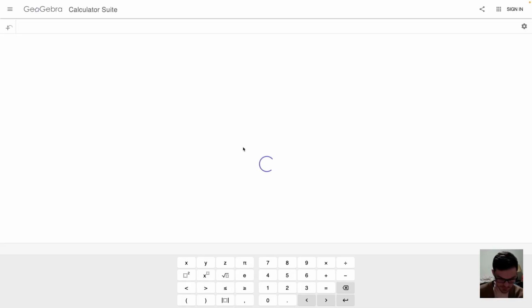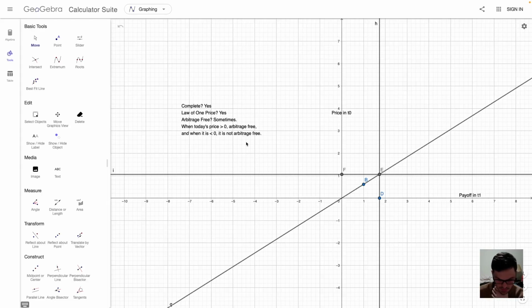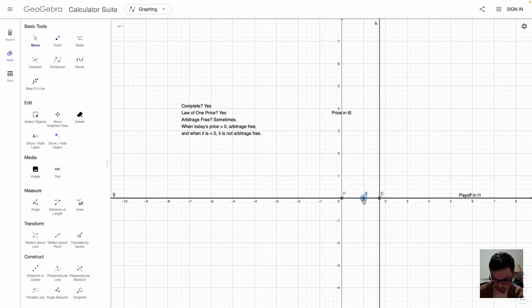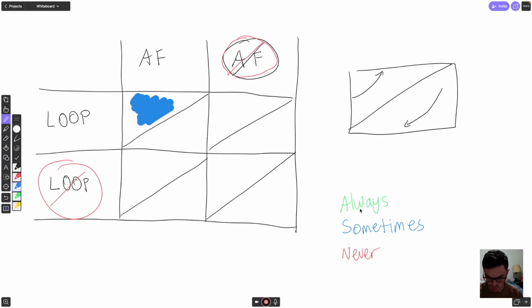Open an app. Okay, so again, here we have no arbitrage, here we have arbitrage. So the answer to this one is sometimes. Okay, we'll just fill that in blue.